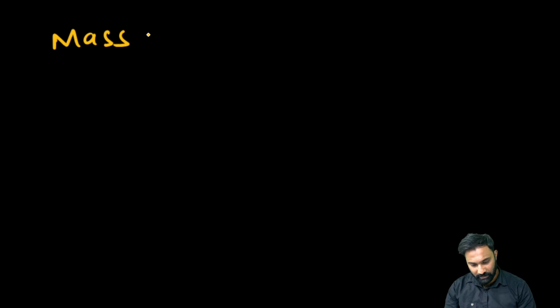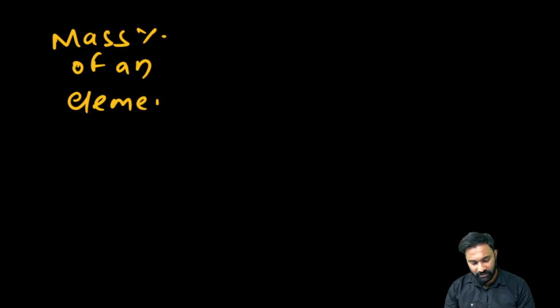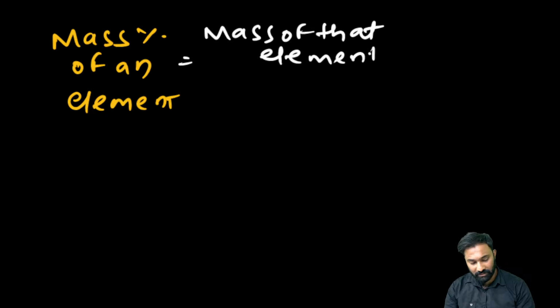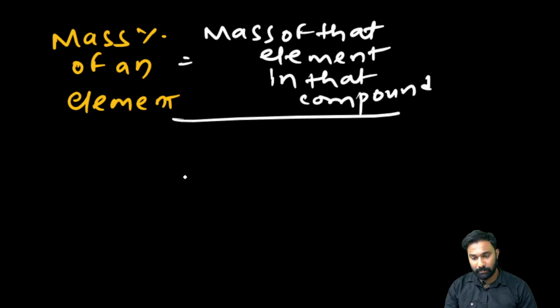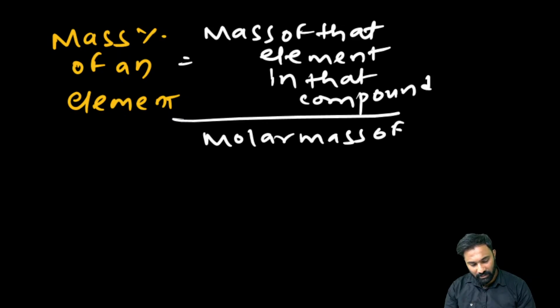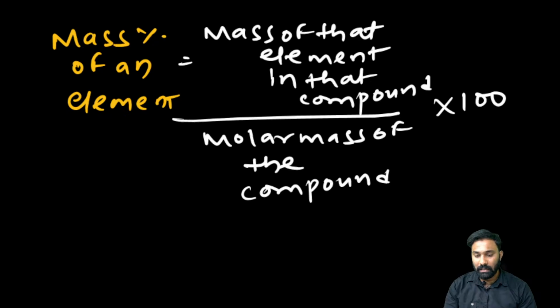Mass percentage of an element equals mass of that element in that compound, by molar mass of the compound, into 100.